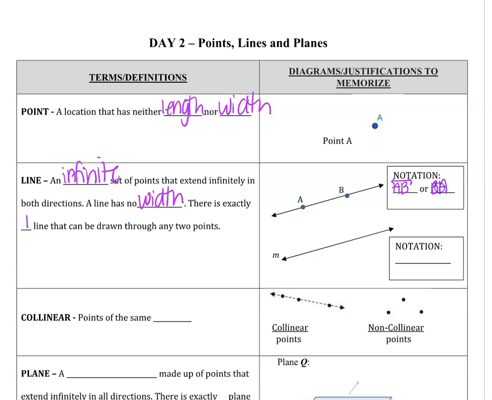Or BA. Order does not matter, but capital letters to denote those points and the line bar above it. Now we also can label lines with a single letter. Typically we do lowercase letters for that if we label the line itself, not the points on it. So this is just simply saying, that's line M, is how we would phrase that.